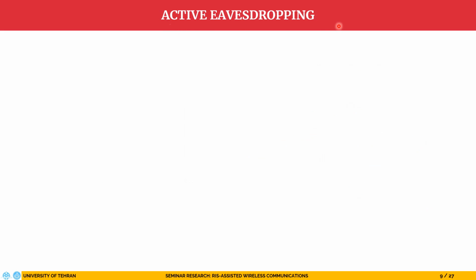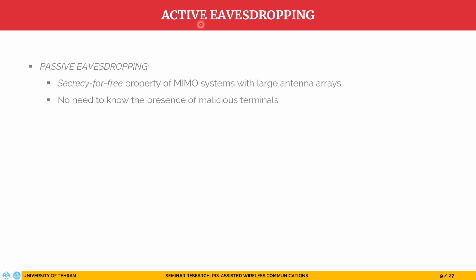But we have another phenomenon which is more harmful to the system, called active eavesdropping, versus passive eavesdropping, which I already explained. In passive eavesdropping we have the secrecy for free property of MIMO systems with large antenna arrays.